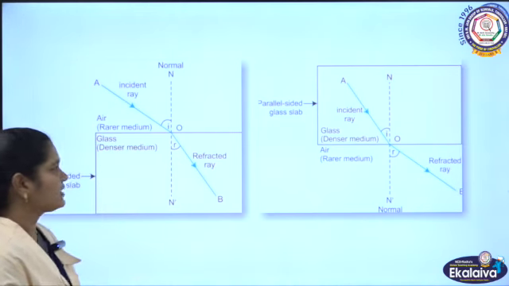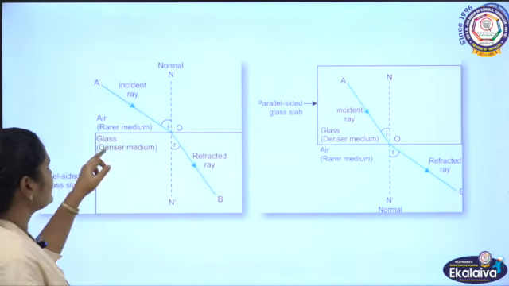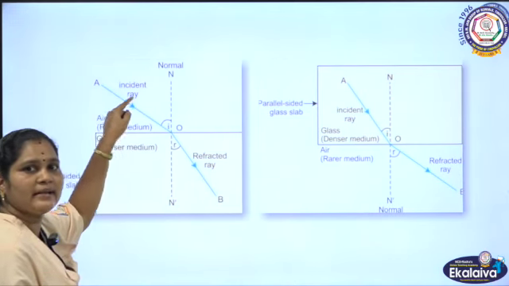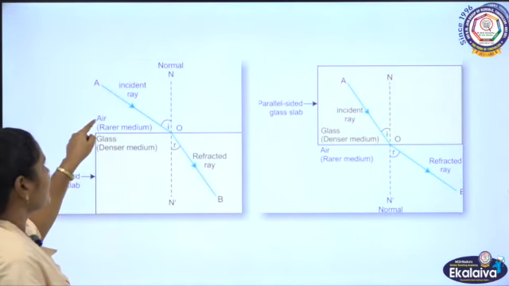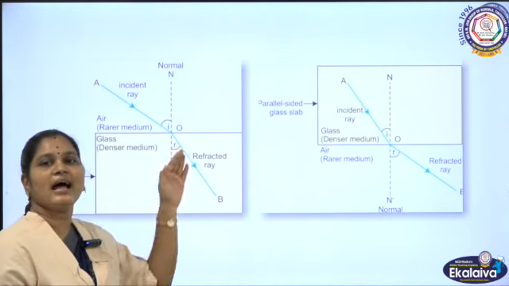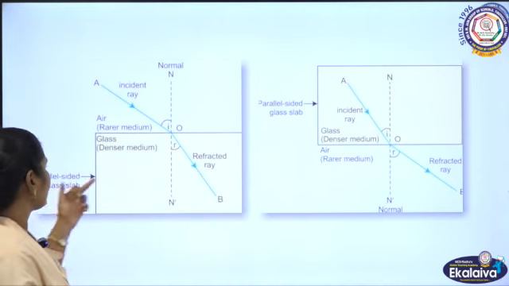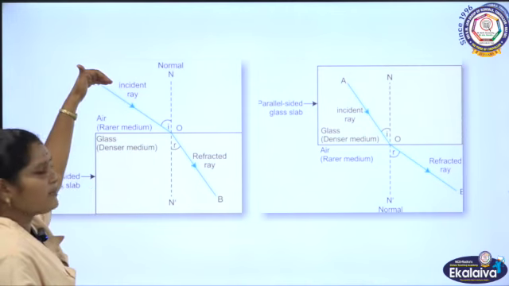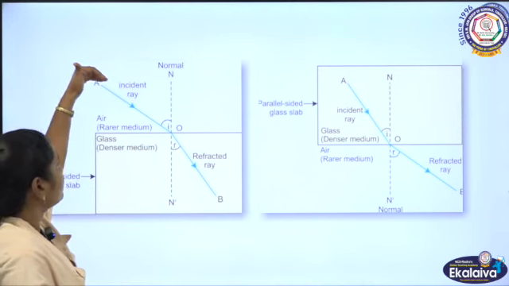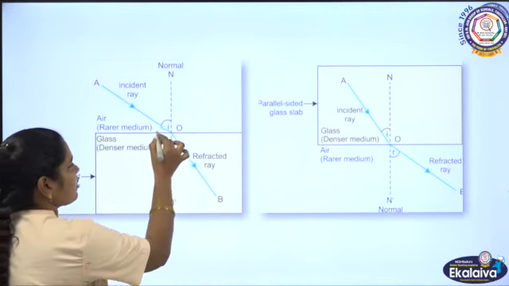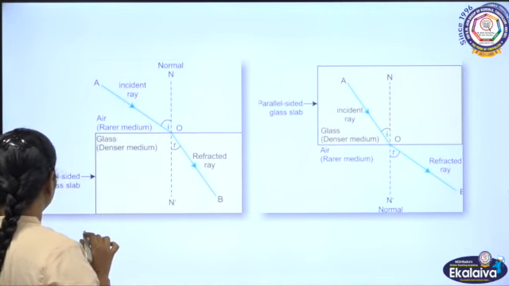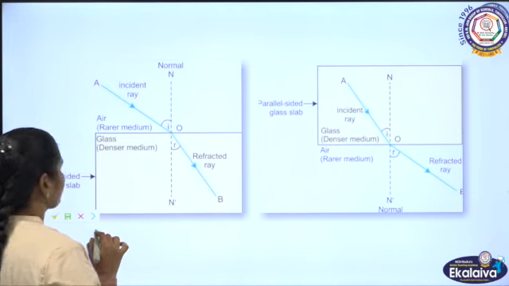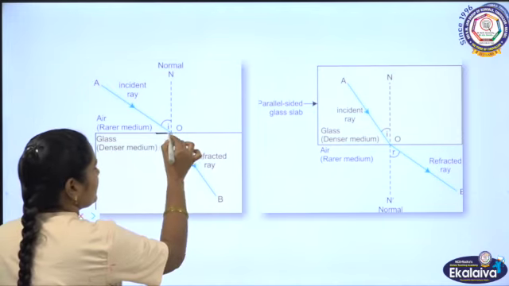Next point, see this image. I am considering the light coming from a rarer medium to a denser medium. The rarer medium is the air medium, and the denser medium I am considering here is a glass slab. The light comes from the source and falls on the interface of the two media.